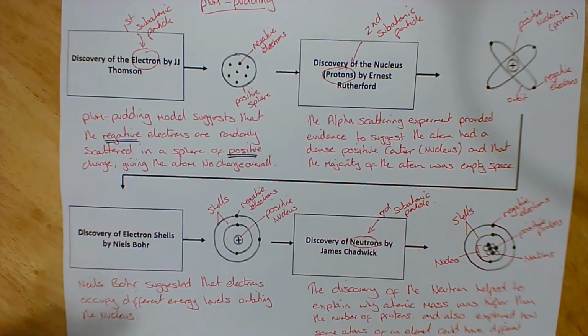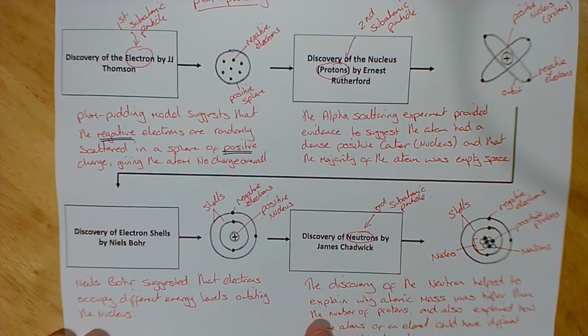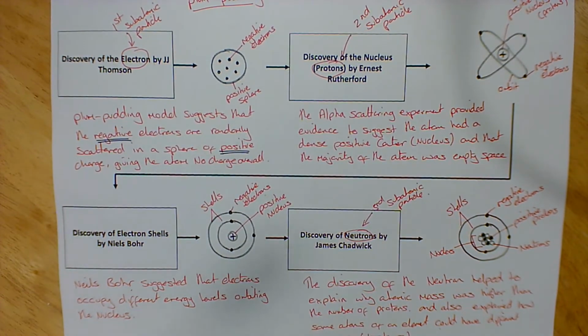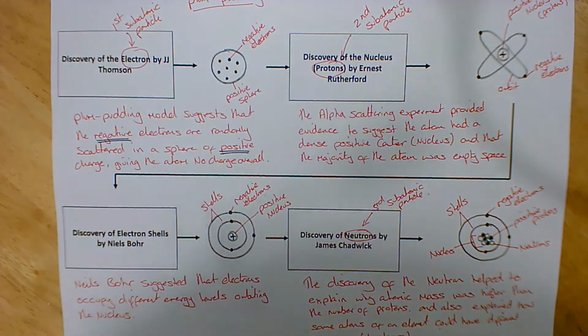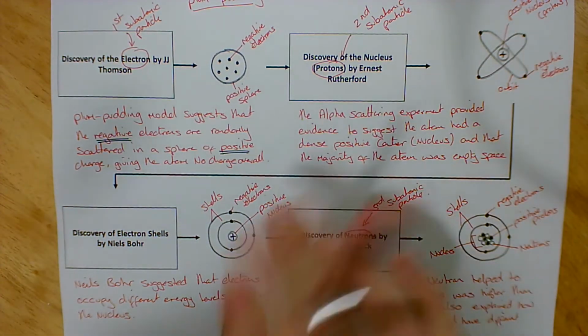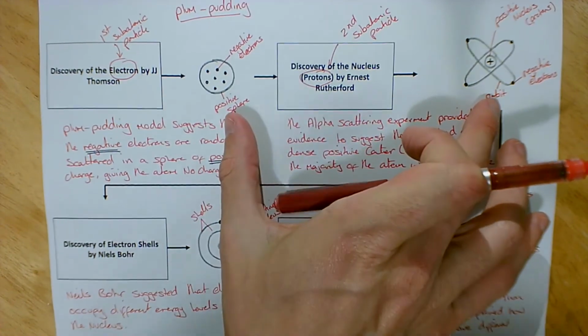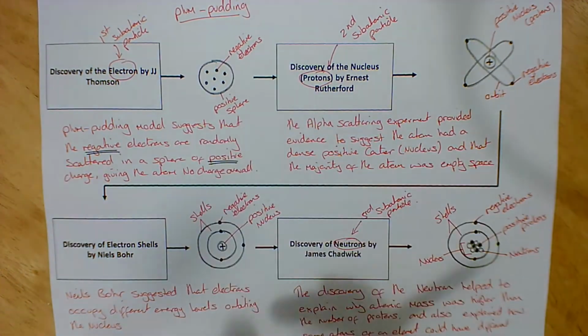So for what you need to be familiar with these models. You certainly need to be able to label them and explain them, and in particular you're going to need to be able to explain the plum pudding model and the nuclear model, which is this model here. These are the two models that you will be asked about most frequently, and importantly you need to know the alpha scattering experiment.